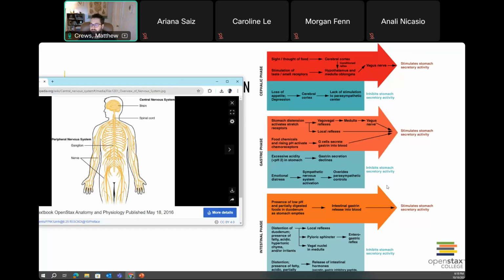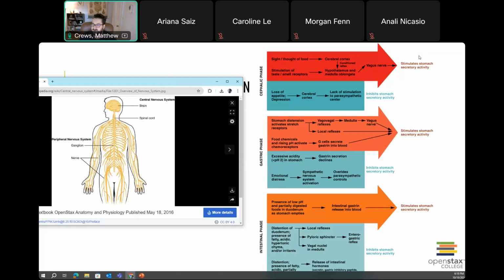That makes sense. And then the other thing you can have is emotional distress, right? So if you are eating a sandwich, somebody stands up and says, hey, I'm gonna punch you in the face. Then you'll freak out and have a fight or flight response. And that is a sympathetic nervous system activation, which will override the parasympathetic control.